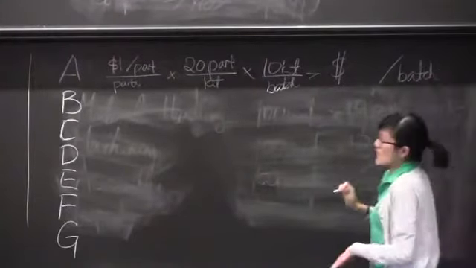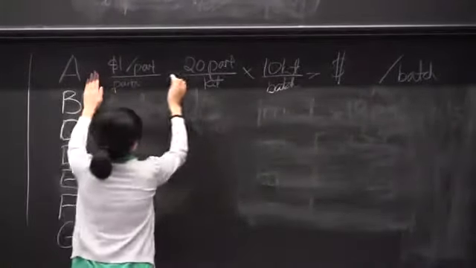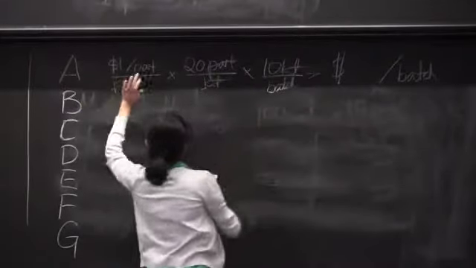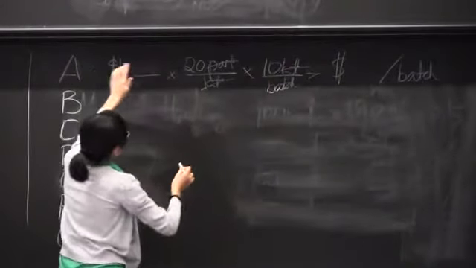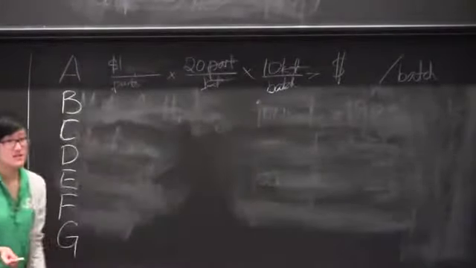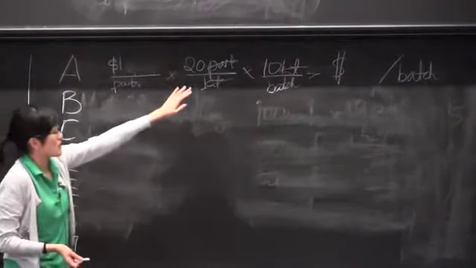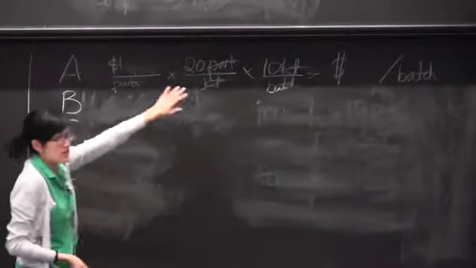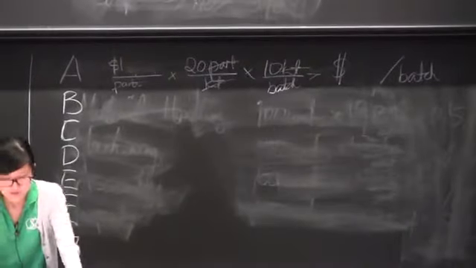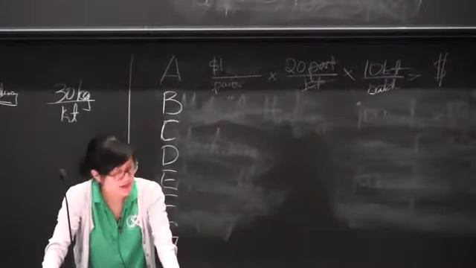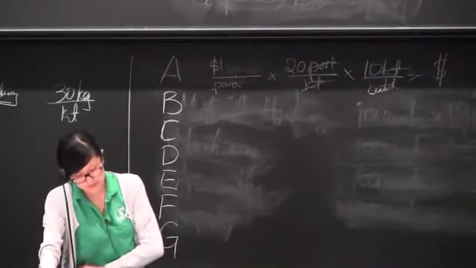So basically, you write down whatever information they provide for you. Look for what's given. You can cancel them out into dollars per batch. So $1 per part, 20 parts per kit, 10 kits per batch, then you should have your dollars per batch.